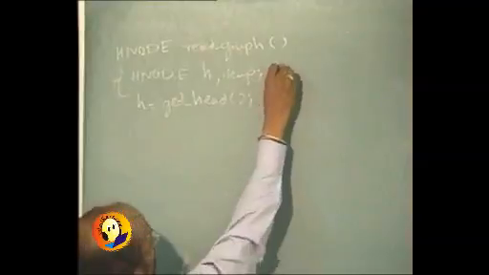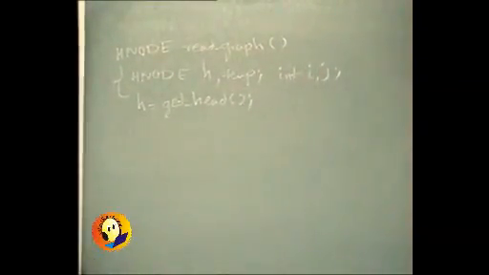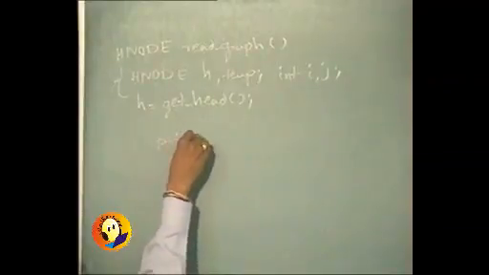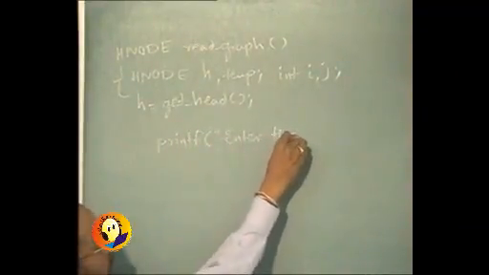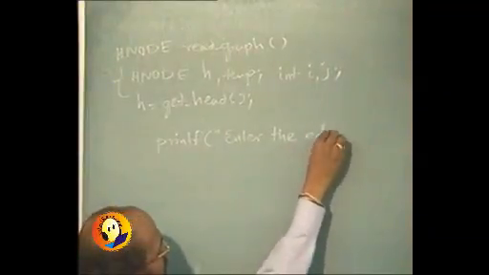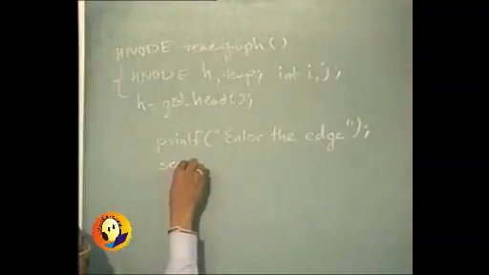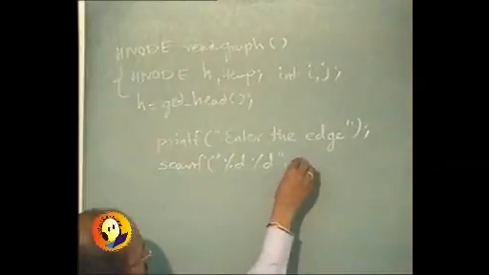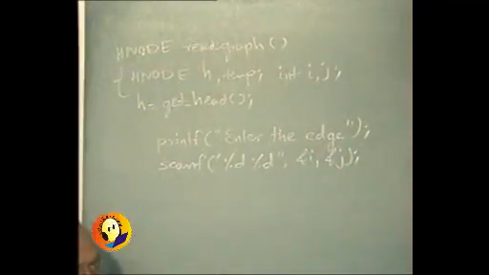I will also require int I, J, that is the edge. Once the header is created, I will ask for the edge, that is 2 integer values, vertex numbers, I and J.